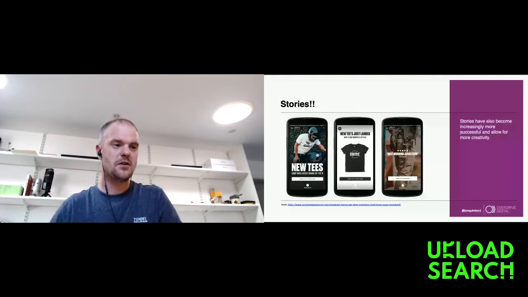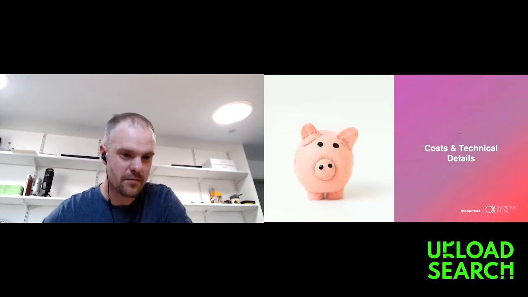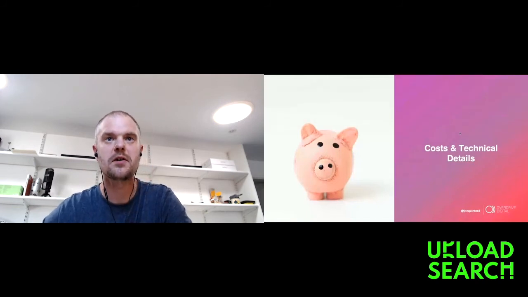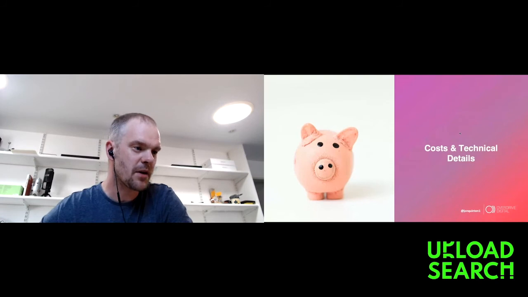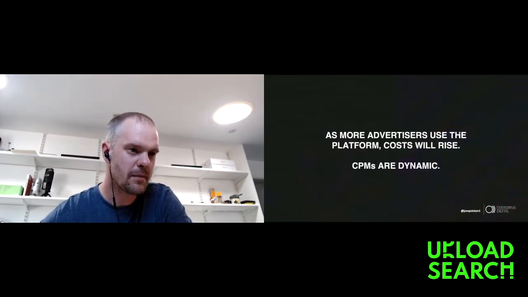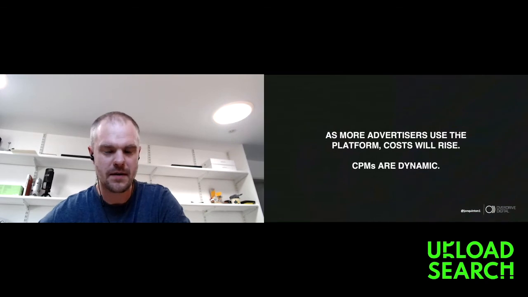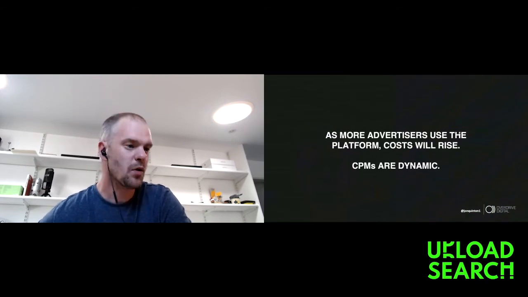In terms of costs and technical details, these are other really important points here. If you're advertising on Facebook, you're paying for impressions pretty much. So most advertisers, depending on how they set the campaigns, whatever objective they're choosing, are paying for impressions.